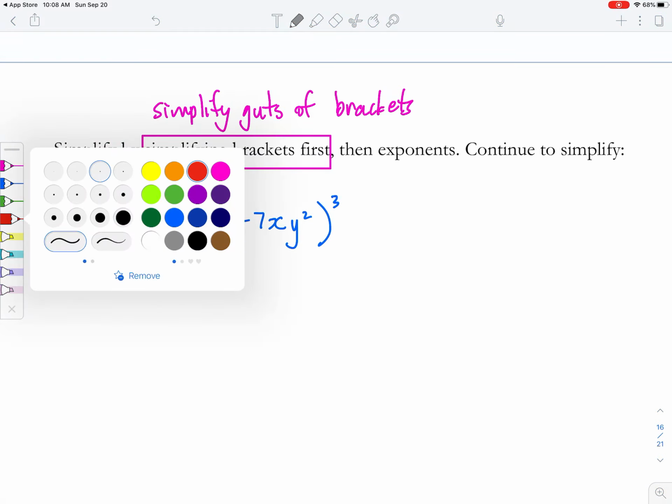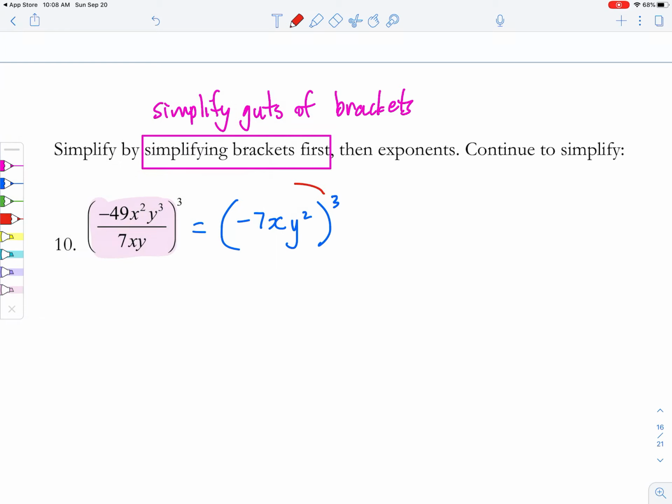So when we do this, we distribute that 3 onto every part. And I'm going to write it out with gory details. It'd be minus 7 to the 3 times x to the 3 times y squared to the 3 after we distribute that exponent.